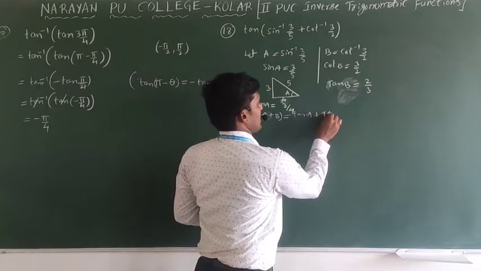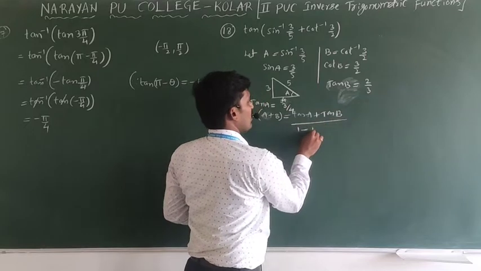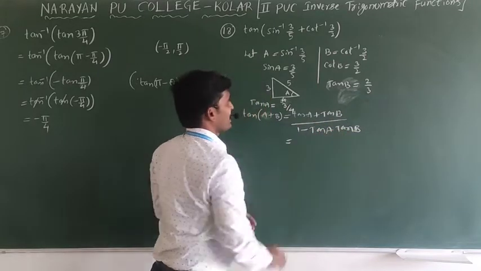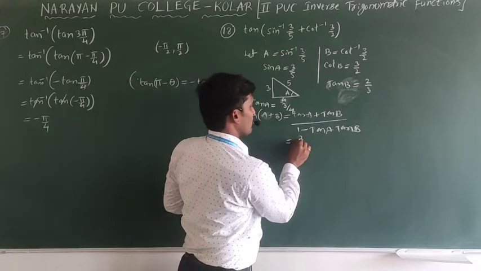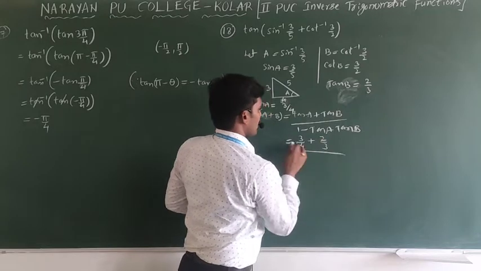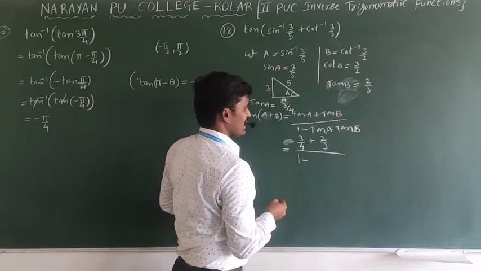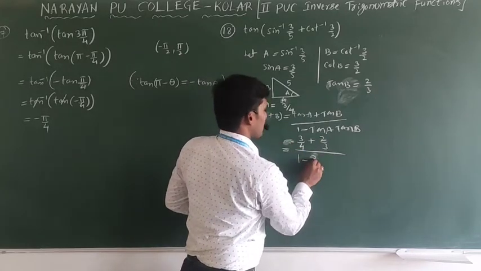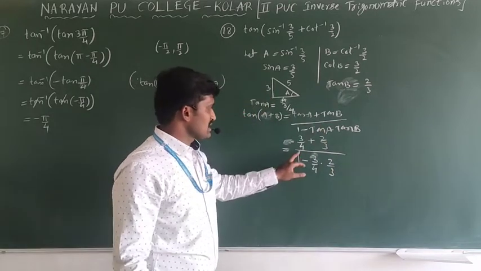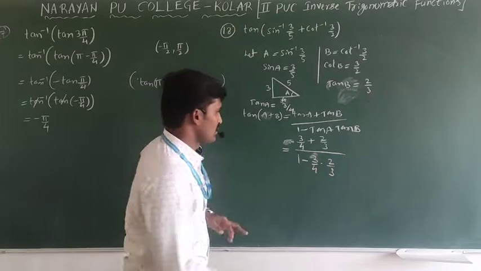Tan A plus tan B by 1 minus tan A into tan B. Tan A value is 3 by 4, tan B value is 2 by 3, divided by 1 minus 3 by 4 into 2 by 3. LCM of 4 and 3 is 12.